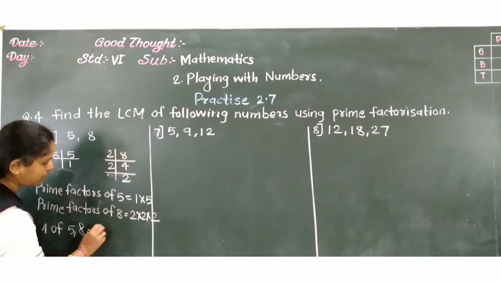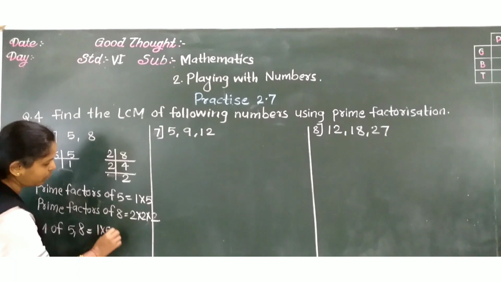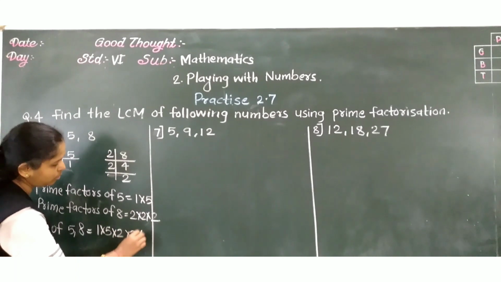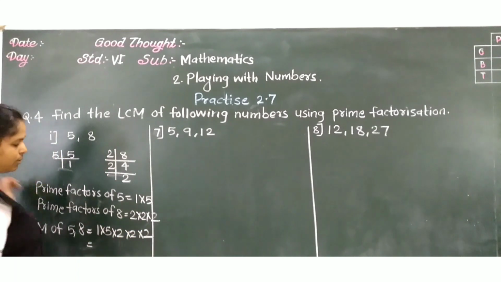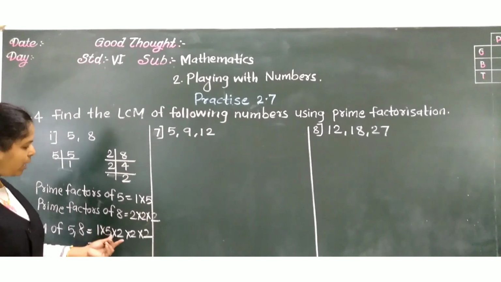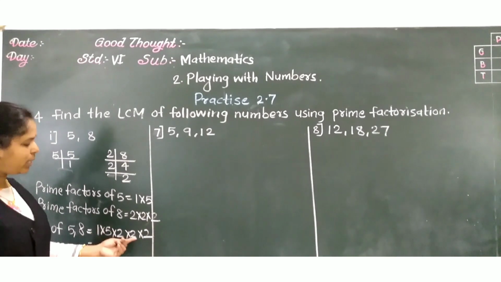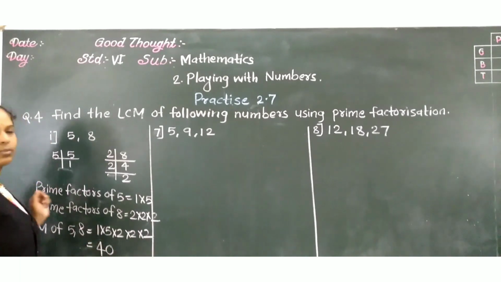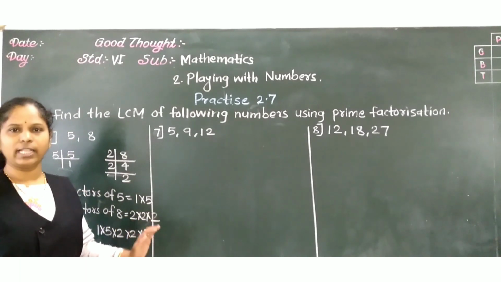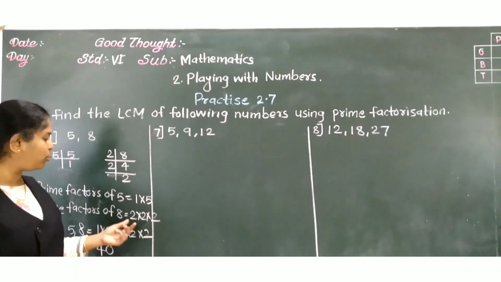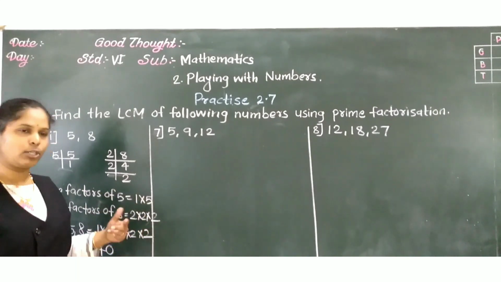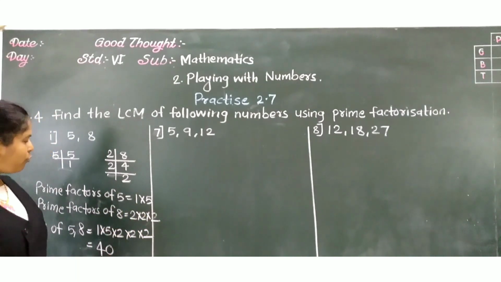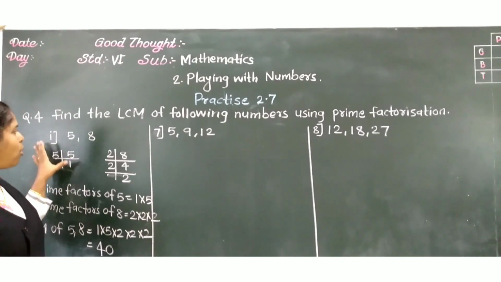So we will write 1 into 5 into 2 into 2 into 2. That is 5 ones are 5, 5 twos are 10, 10 twos are 20, 20 twos are 40. This is the only difference in LCM: we have to take common as well as uncommon factors. So 40 is the answer, LCM of 5 and 8.